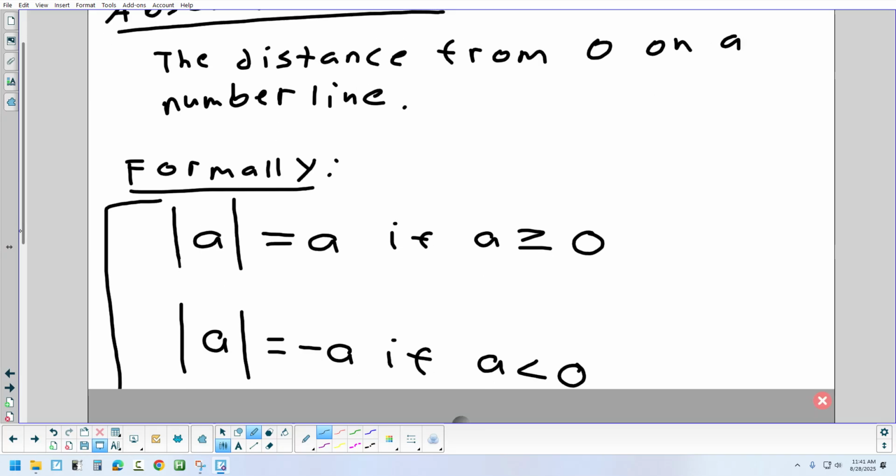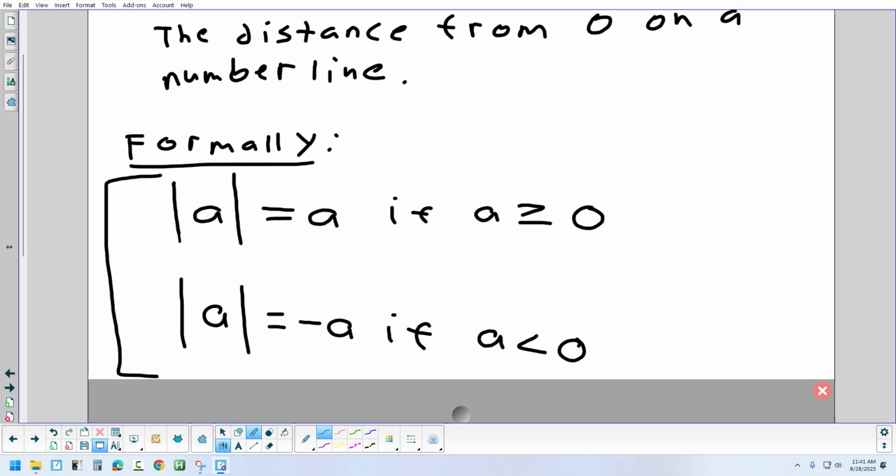So that's formally how you could define absolute value. If you give me a number less than 0, I will times it by -1 and then give it back to you. If you give me a number that's already 0 or higher, I'll just give you back the same number you gave me.